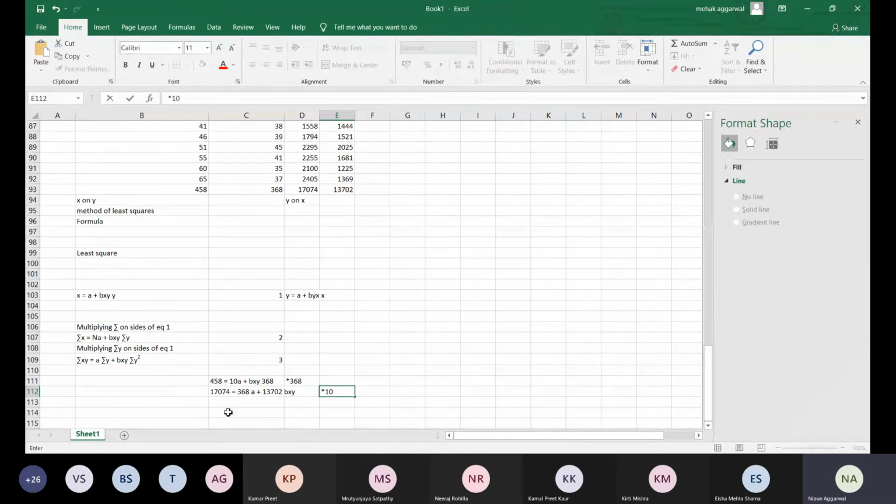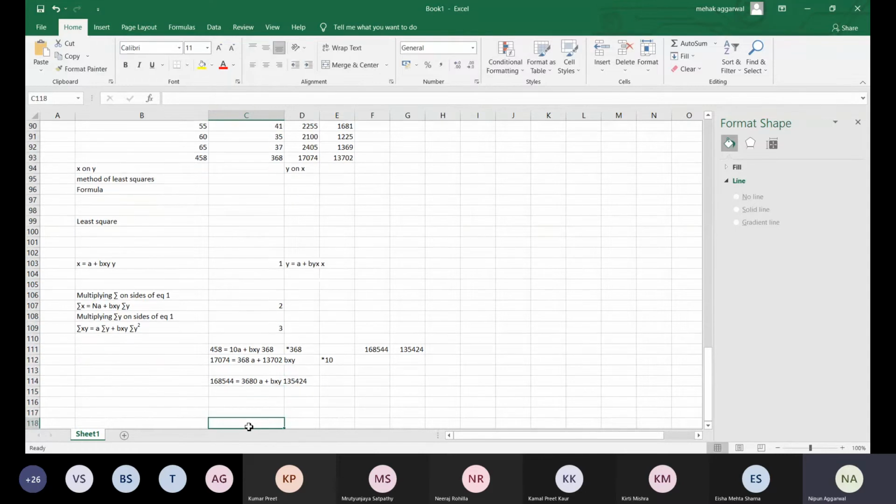Fine. So after multiplication, 458 into 368 gives 168544 is equal to 3680a plus bxy into 368 into 368. 368 into 368 comes out to be 135424.